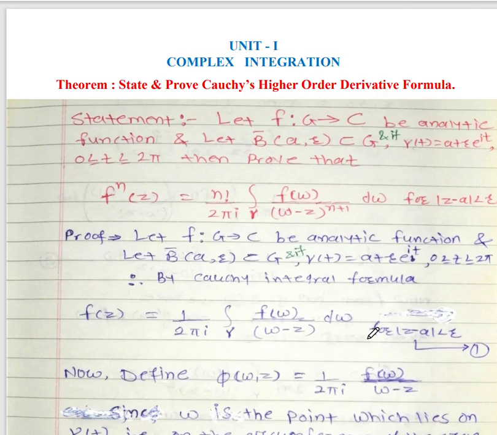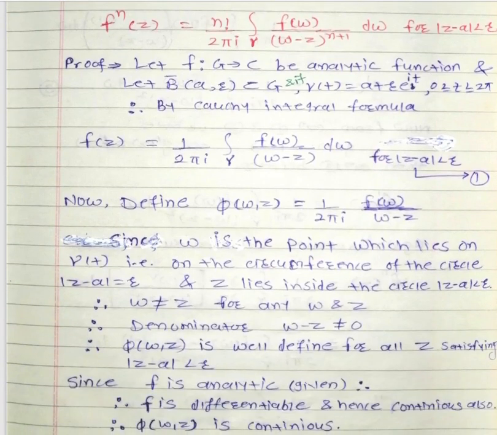To prove this theorem, let us define a function phi of w, z equals 1 upon 2 pi i, f of w upon w minus z. Here w is the point which lies on the curve gamma of t, that means the circumference of the circle mod z minus a equals r, and z lies inside the circle, that means mod z minus a less than r.